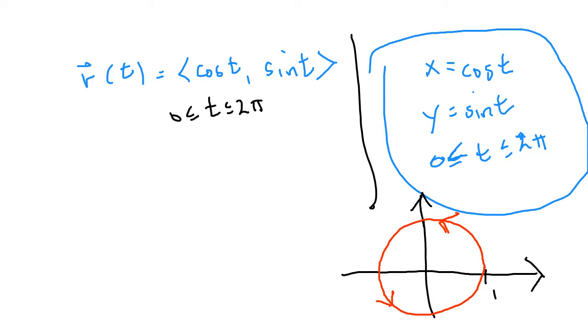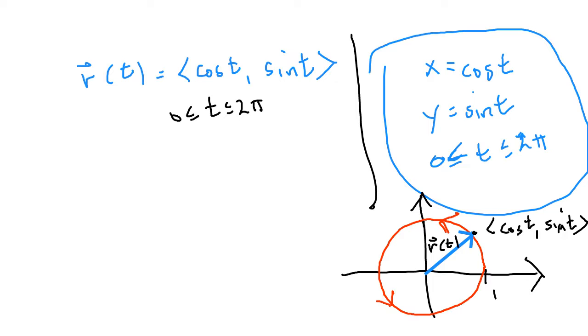And you'll have a position vector, that we'll label it. I mean, what it is, R of t, right? And components are cosine of t, sine of t.